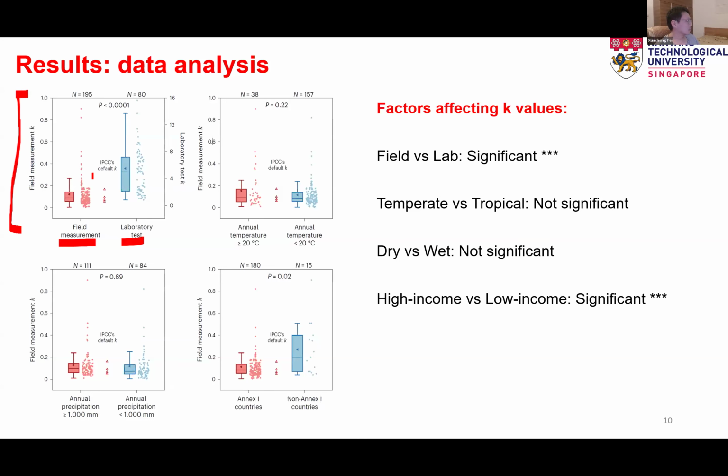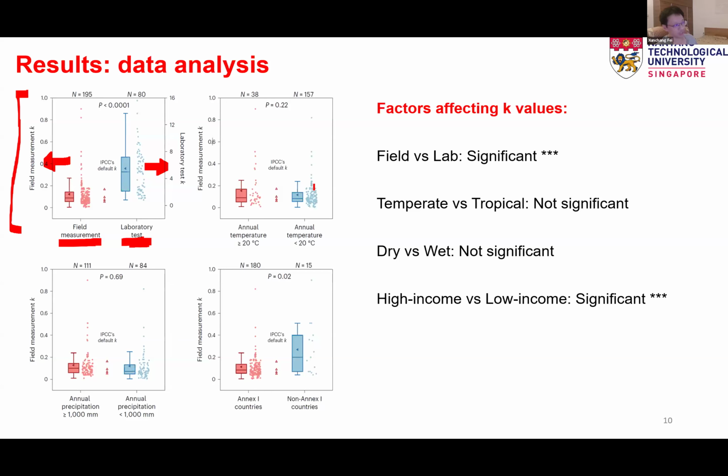The x-axis are two groups, field measurements and lab testing, and then the y-axis are the values using either the left or the right axis. The first thing we can notice, obviously, is that in field measurements the K values are much lower than the lab test. But we think it's reasonable because in the lab we accelerate the waste degradation, so the K value, the decay rate, is much higher. In the field, it's lower. So yeah, this makes sense. And then this is just a side observation.